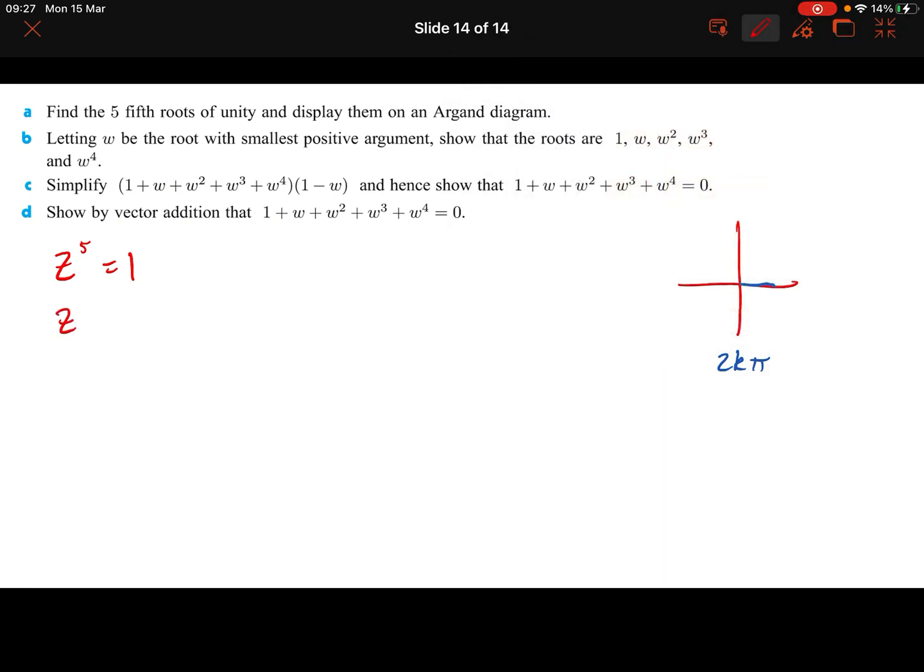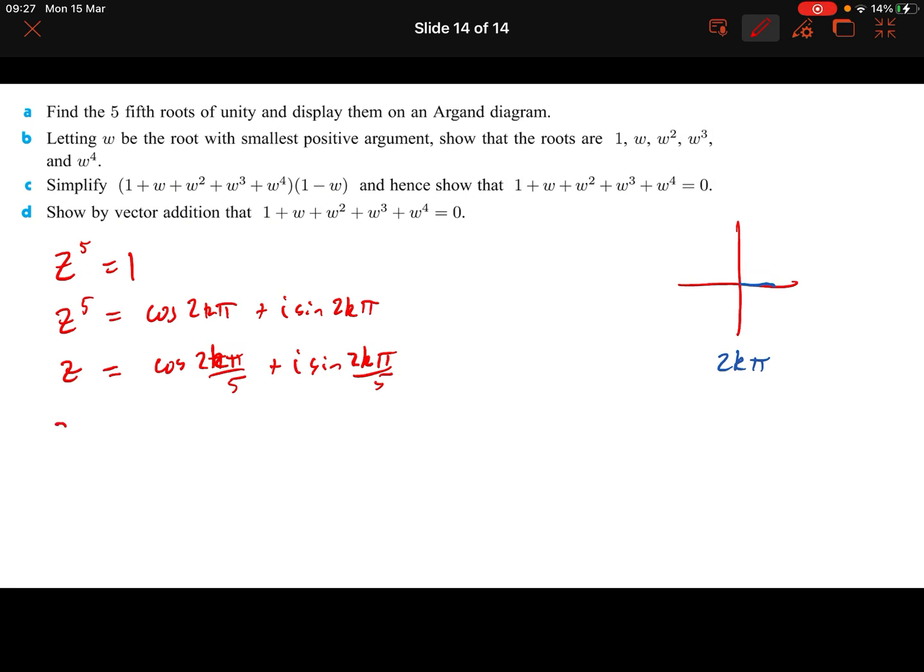So I'm going to rewrite this as z to the power of 5 equals cosine of 2k pi plus i sine of 2k pi. Using de Moivre's theorem, z is equal to cosine of 2k pi over 5 plus i sine of 2k pi over 5.